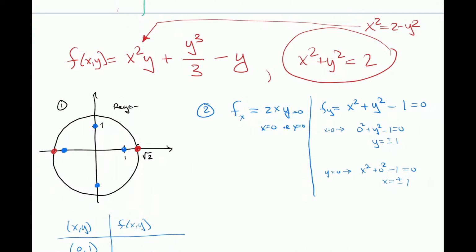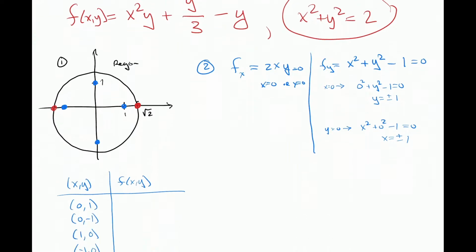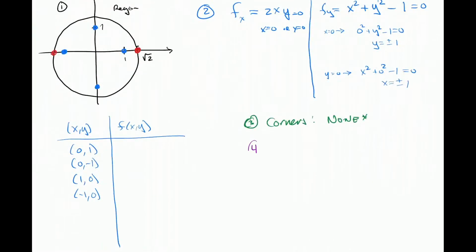But here I think I can get away with this. So let's deal with this boundary. So let's, first of all, corners. So this is 3 corners. We're going to say that there's none for this one, but with the little asterisk. So now let's go on to the boundaries. There's just the one boundary.